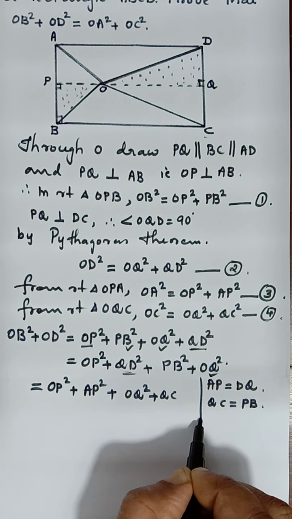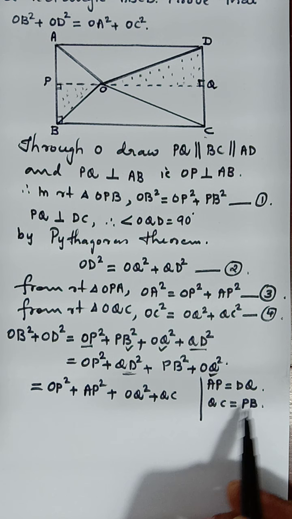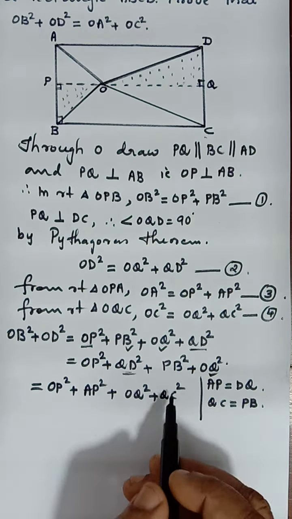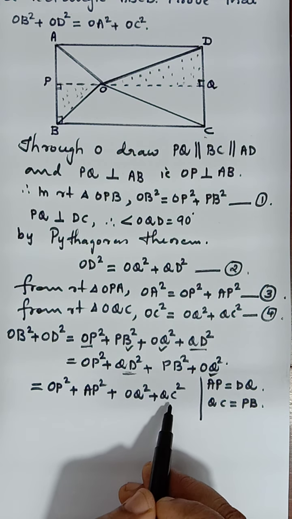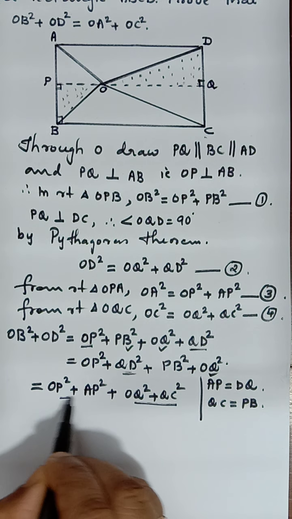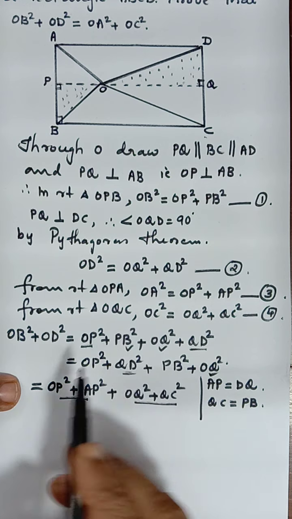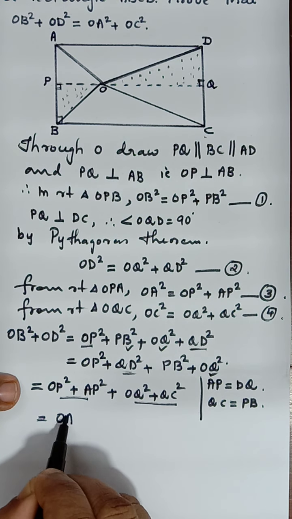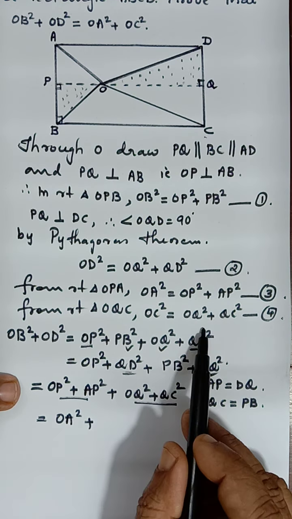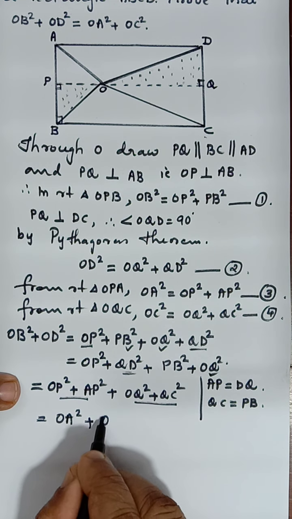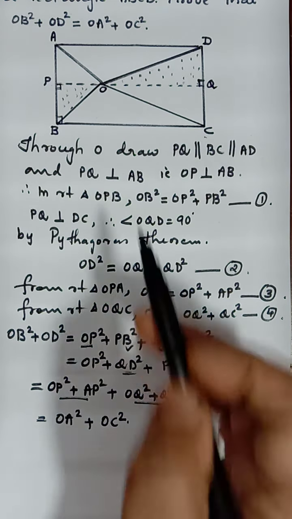These are the reasons. So instead of PB square we write QC square. We group these two, so OP square plus AP square we write as OA square, and OQ square plus QC square we write as OC square. So we got the right hand side.